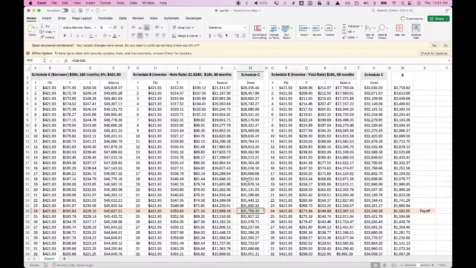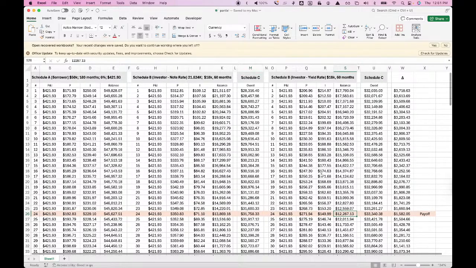Now you can also do the Schedule B at the yield rate, and you see it's a lower payment. This one's actually broken up at your yield rate of 14.33% over 180 months.